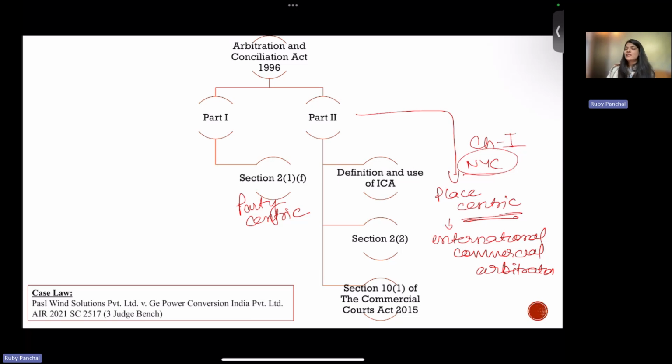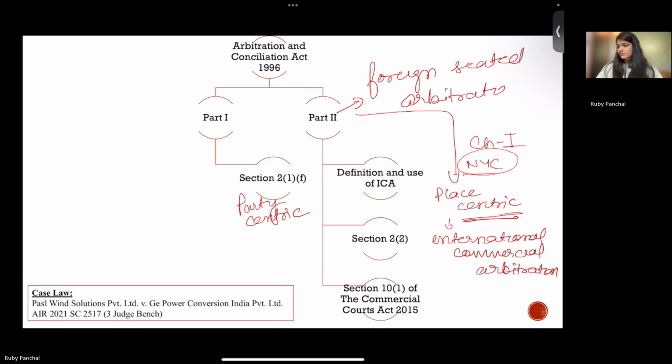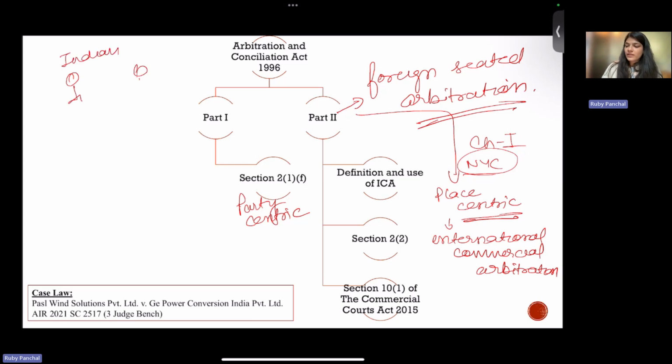So arbitration referred to in Part 2 essentially means a foreign seated arbitration.